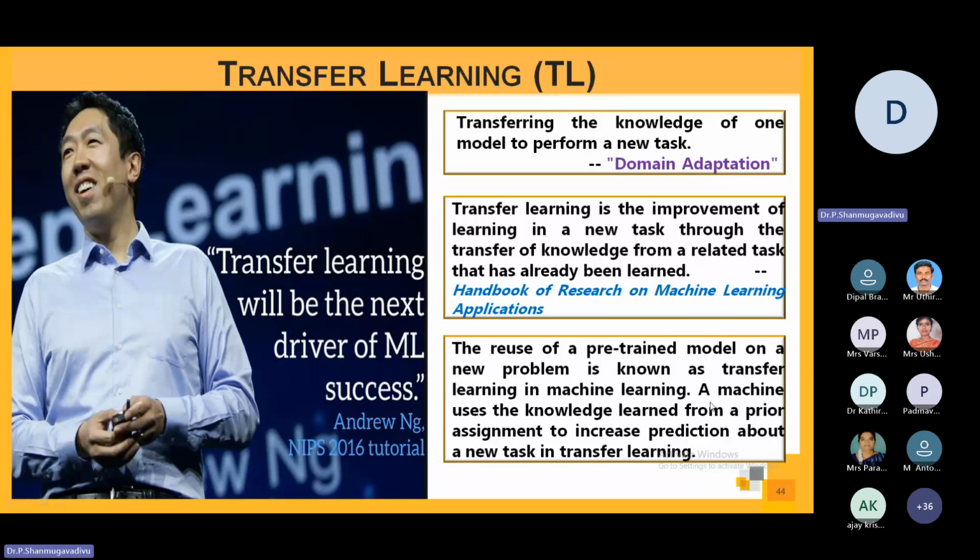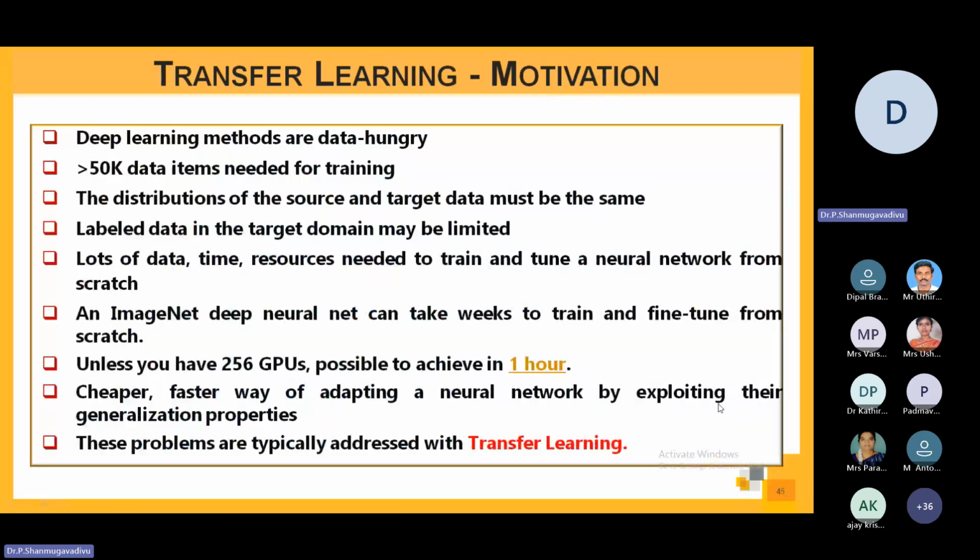A machine uses the knowledge learned from the prior assignment to increase the prediction about the new task in the process of transfer learning. So I just want you to understand this is another way of problem solving.